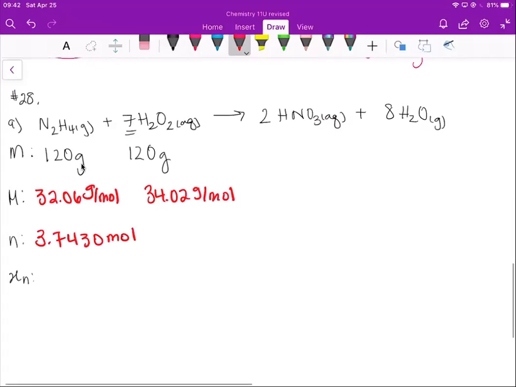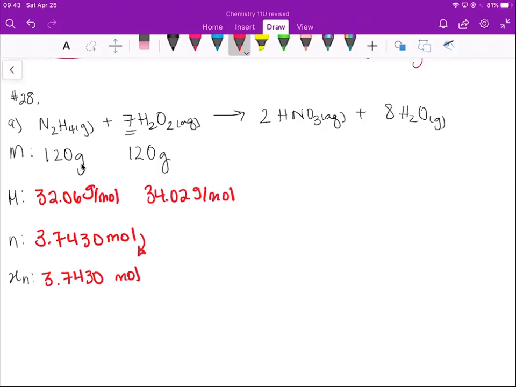So I did 120 grams divided by 32.06. And now, do I have to do anything to get to this? No, because it's only coefficient 1. So N2H4 has 3.7430 moles available for reaction.